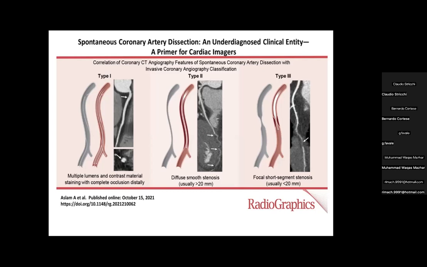Spontaneous coronary artery dissection is a disease that typically occurs in young women, not only young women of course, but there is a good prevalence in women around 40 to 50 years old. It is correlated to the rupture of the intima of a coronary artery with the formation of a hematoma inside the artery, which can be benign and asymptomatic, or can cause obstruction up to total occlusion of the vessel, leading to either myocardial infarction or stroke, like in this case.